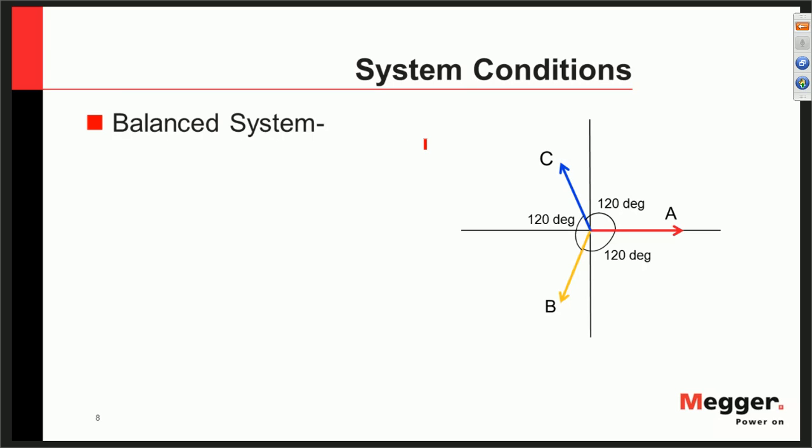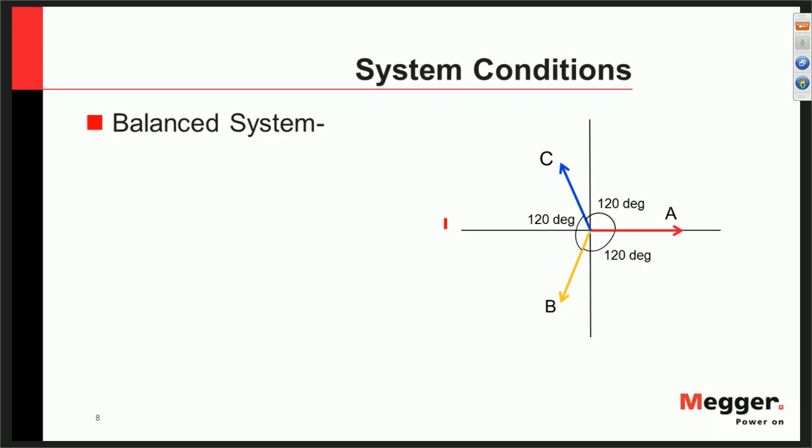Next, in order for us to understand the concept of symmetrical components, let's first know what a balanced and an unbalanced system is. I'll start with a balanced system. On the right, you can see that we have vectors. All the vectors are equal in magnitude and equal in phase angles apart. This could be a voltage vector, this could be a current vector.